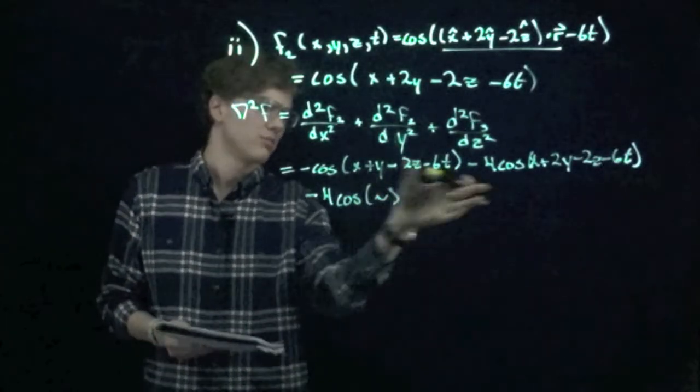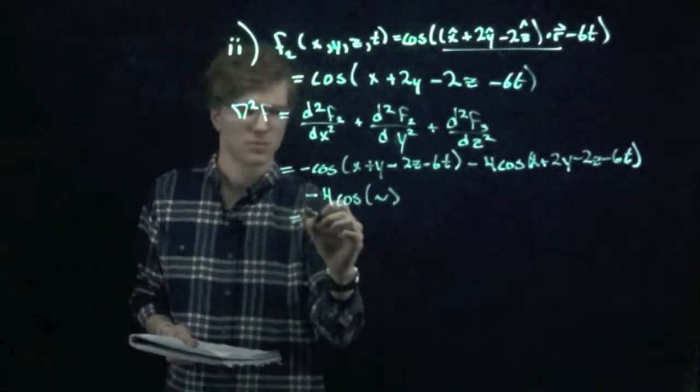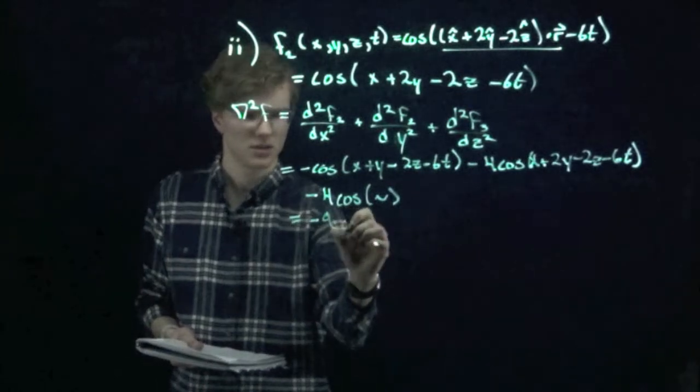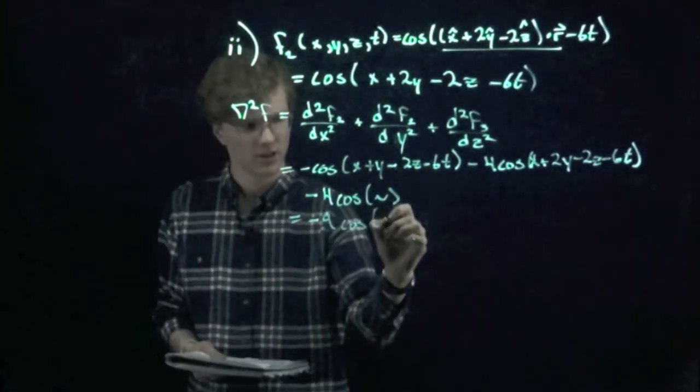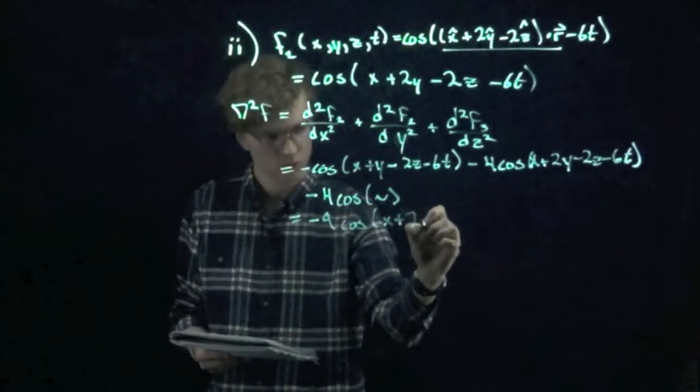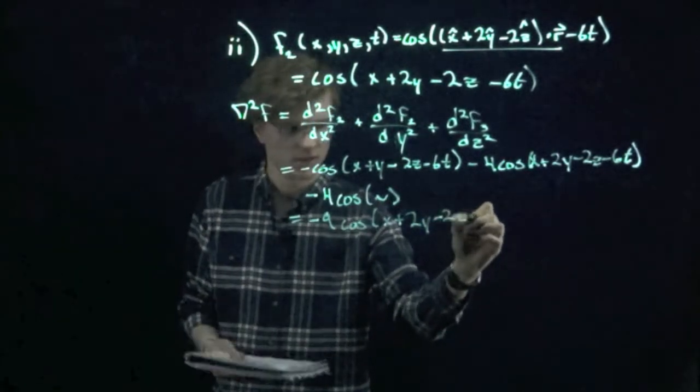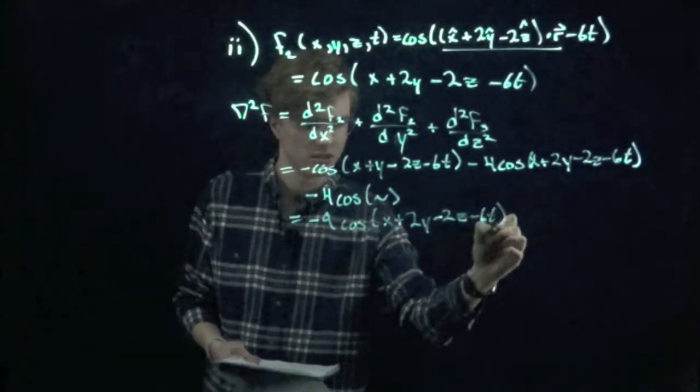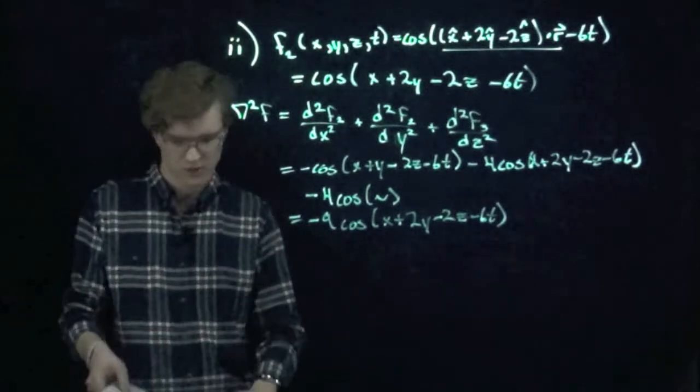All of this is going to be the same thing, so we can sum all of these to get negative 9 cos of x plus 2y minus 2z minus 6t. So that's the first part.